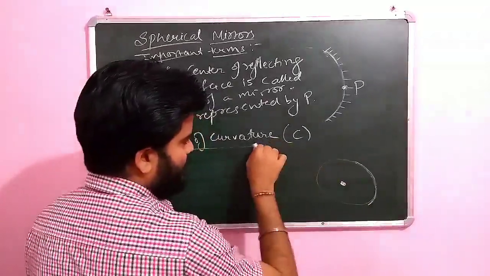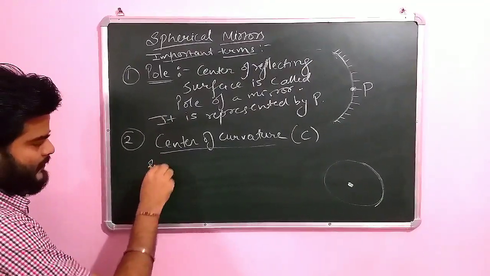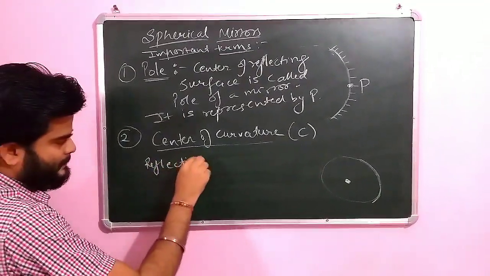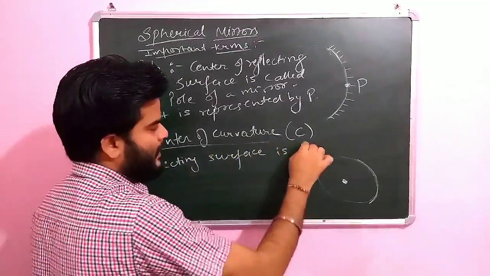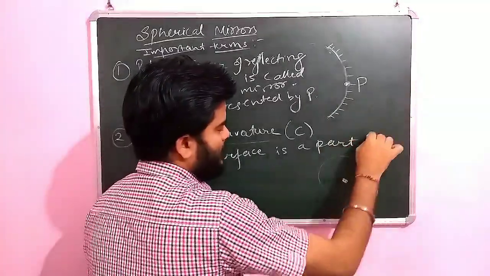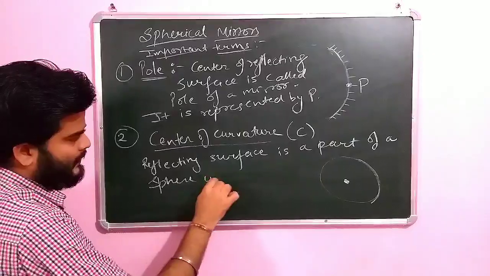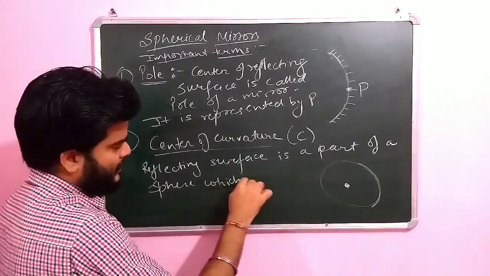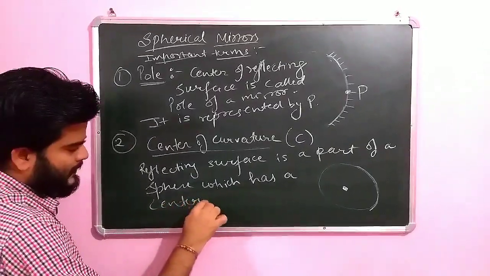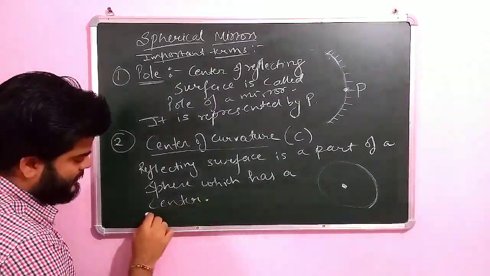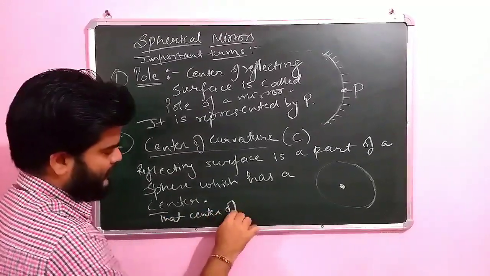That center will be called center of curvature. It means the reflecting surface is a part of a sphere which has a center. That center will be called center of curvature.